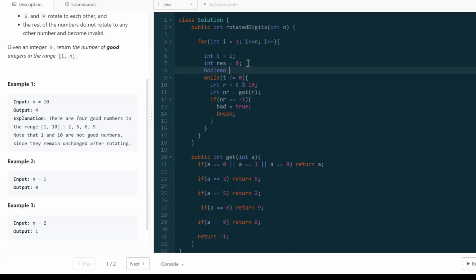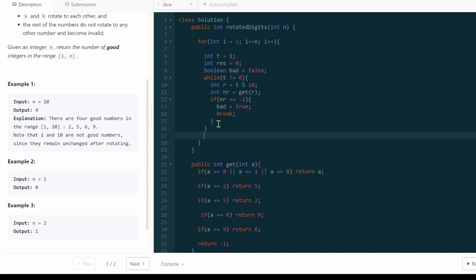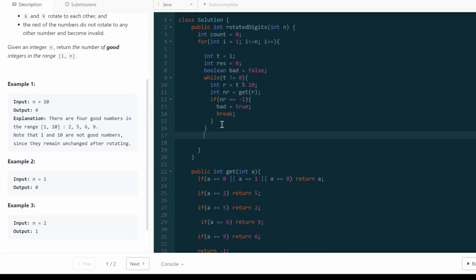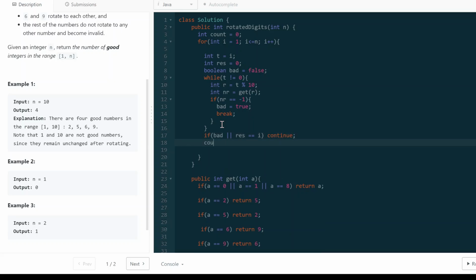And here I'm gonna create a bad variable which is initially false, and also we need a count variable to keep track of how many valid numbers we have seen so far. So if bad or result equals i, continue, else I'm gonna say count plus plus.